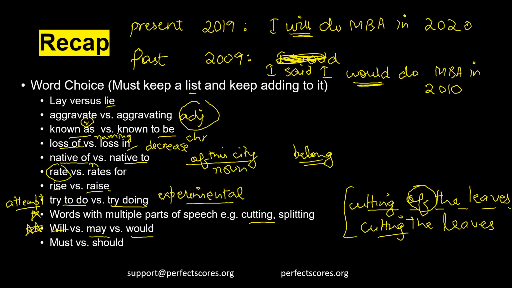Yeah, I was about to ask. Actually, I wanted examples for all of this, and I hope I'll find it in the practice questions that you have posted. So, you're talking about examples when you do the questions or examples of the differences? In fact, both. Suppose we are talking about, we just talked about lay versus lie and aggravate versus aggravating.